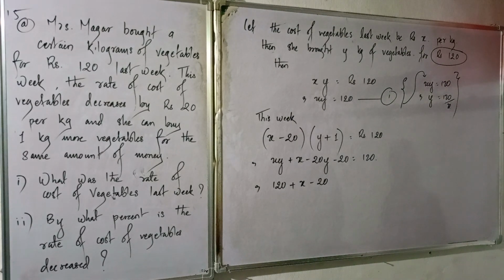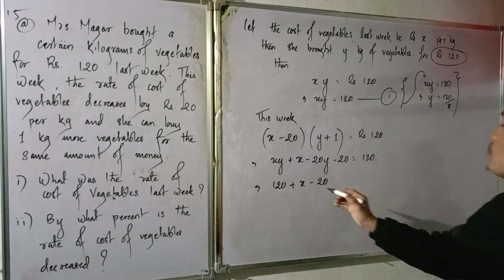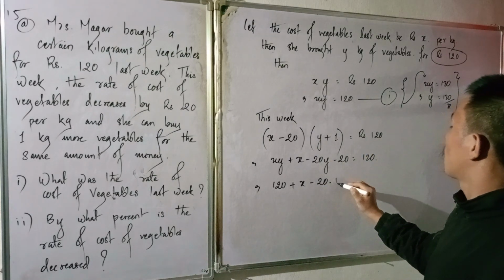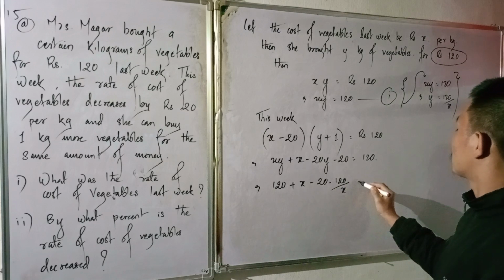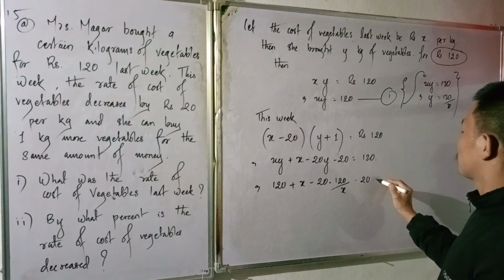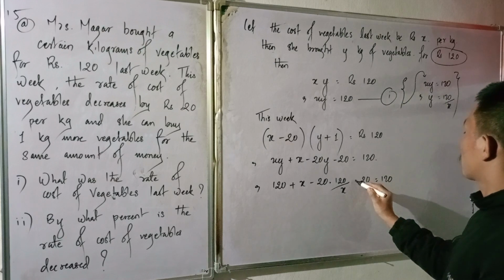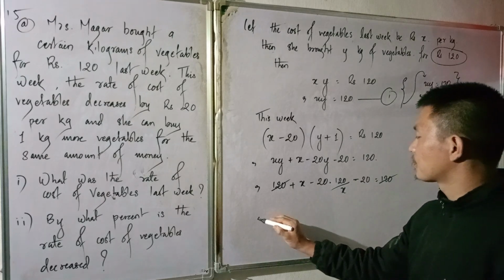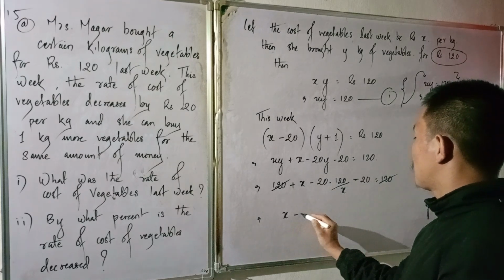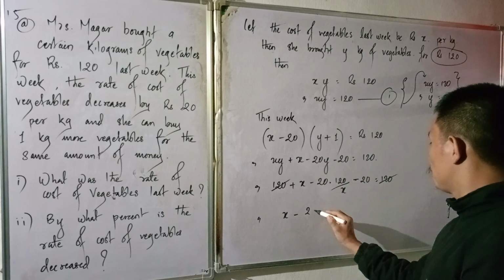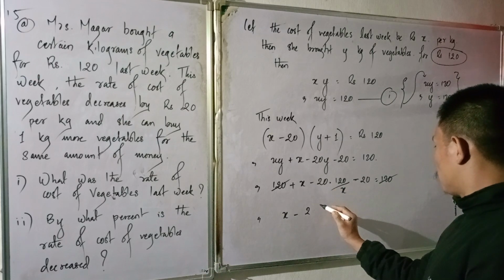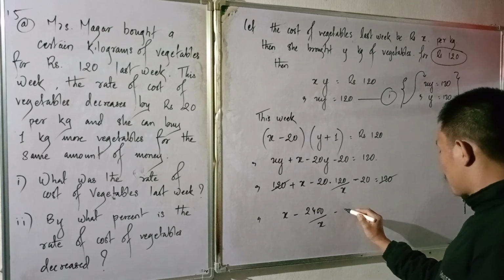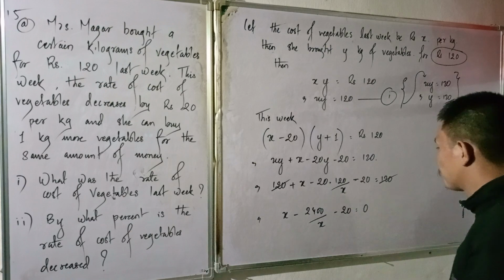So substitute the value of y by 120 divided by x. 120 divided by x minus 20 is equal to 120. Now 120 you can cancel that. Now this becomes x minus 2400 divided by x minus 20 is equal to 0.